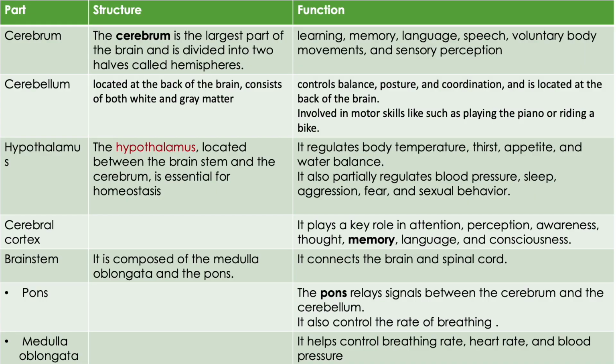In this table, you can easily see that each part has details about its structure and its function. The most important thing you have to understand is that you need to learn the part and its function.